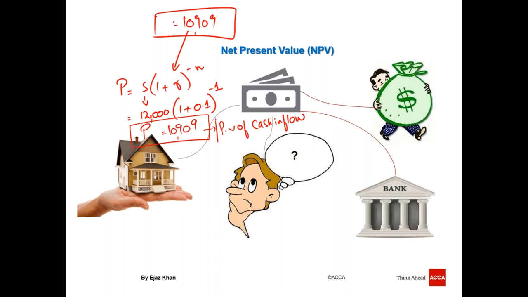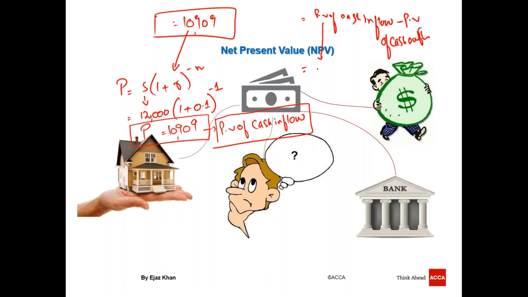So the present value of cash inflow is actually the maximum amount that a company should invest in a particular project. Remember this. Now, once we have calculated the present value of cash inflow, we will then compare it with the amount required for the investment, which is the present value of cash outflow.